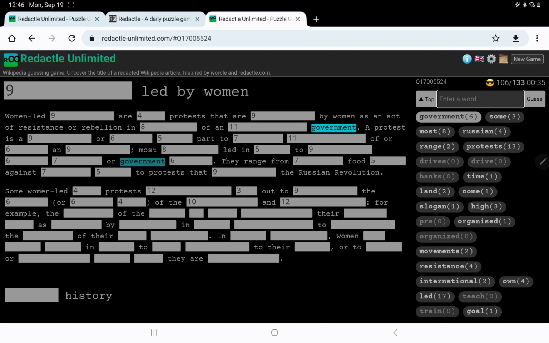Of an 11 government. Wow, I'm not getting that first sentence. Women-led 9. I'm trying to think of synonyms for protests.